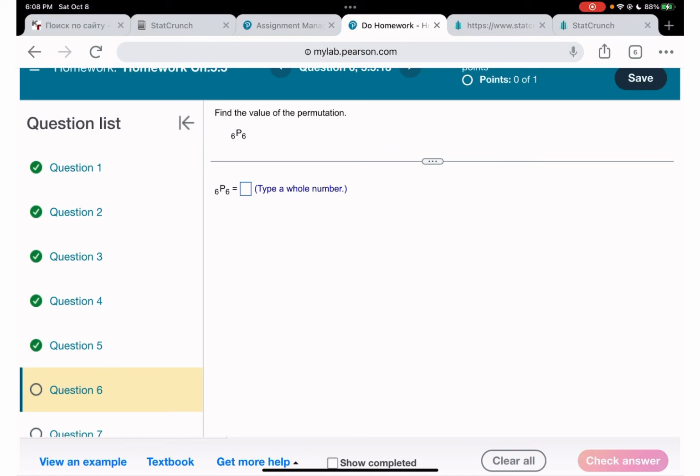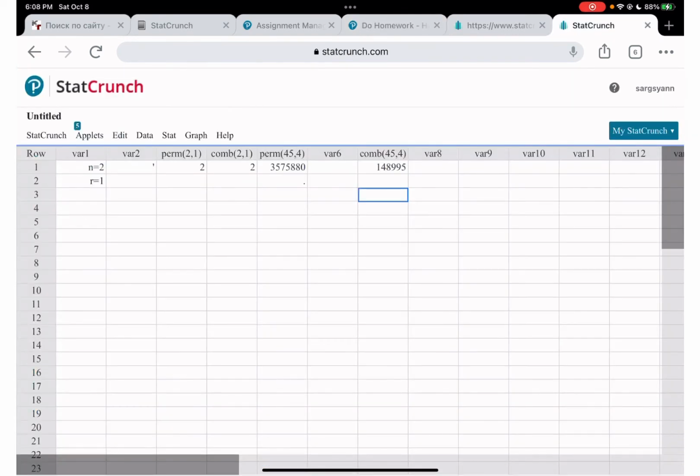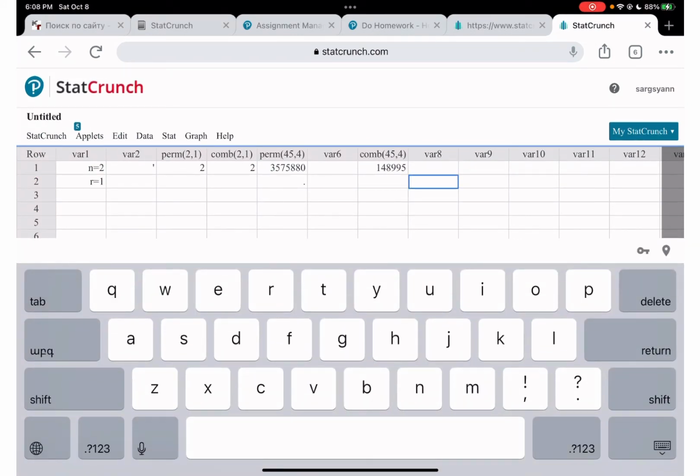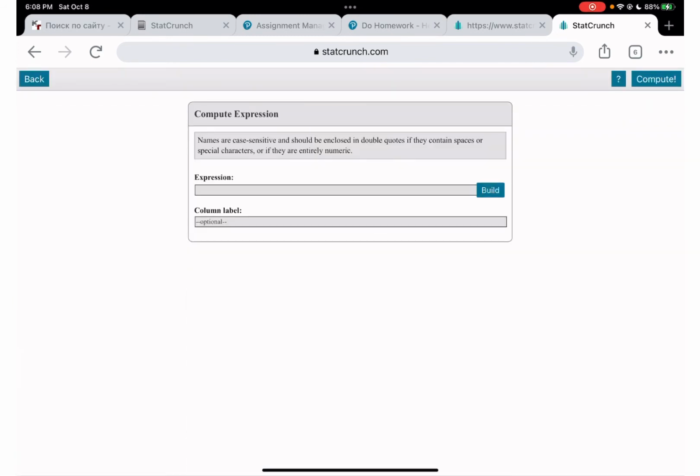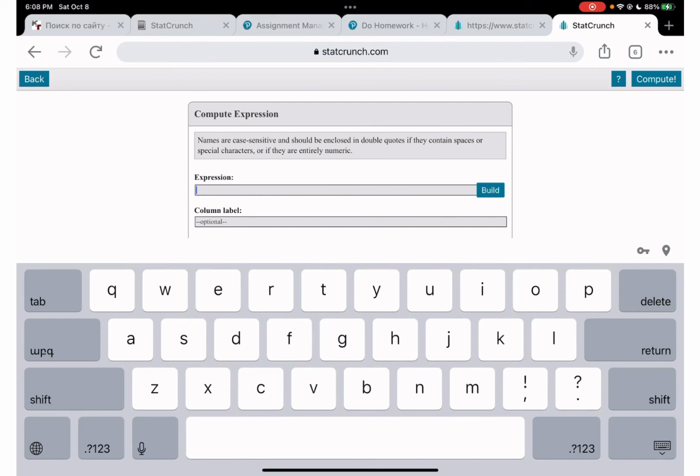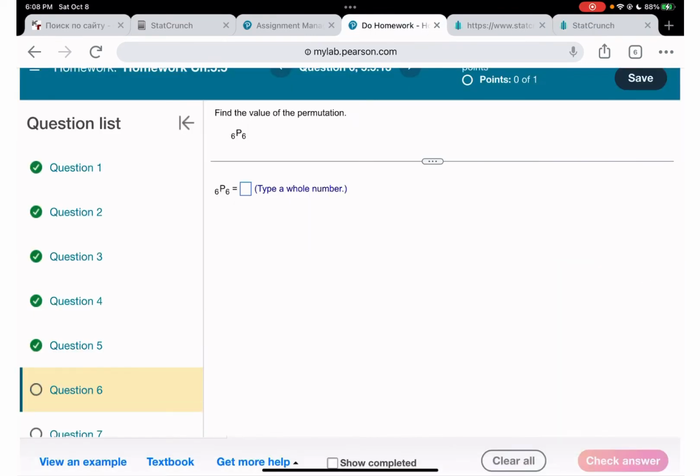So 6 out of 6. Okay. I'm going to put here 6 out of 6. I thought I won't come back, but... And that was what, combination? No, permutation. Okay.